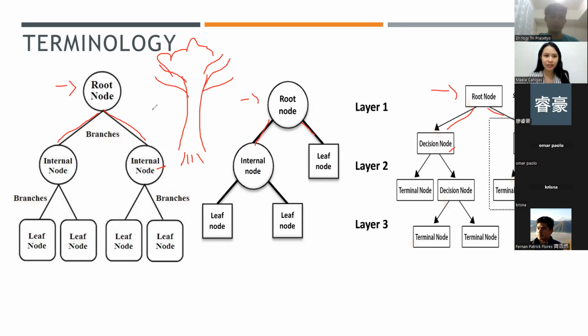The internal node and decision node hold all the nodes before the ending part of your tree. So this part and not this part. These are what we call internal nodes or decision nodes.